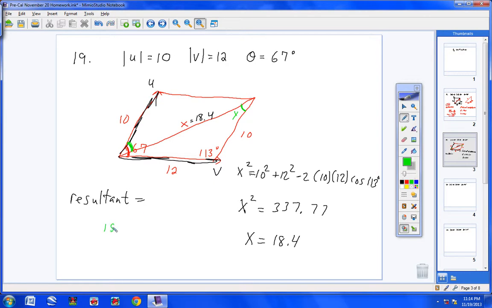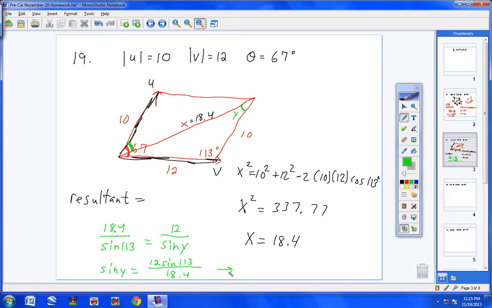I know that 18.4 goes over sine of 113, and then 12 is across from angle y, so 12 over sine of y. Now if I cross multiply and divide, I will end up with the sine of y equals 12 sine 113 all over 18.4.